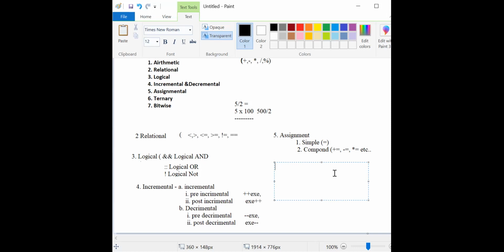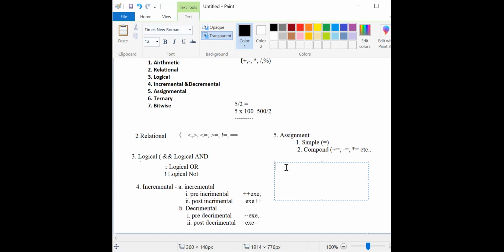Say that assignment operators are divided into two types: simple and compound operators. The simple operator is the equal to operator, and the compound operator includes multiplication and equal to, addition and equal to, and subtraction and equal to. Many more operators are also available, but in Java programming these are the necessary ones for development. This is how you have to tell the answer.